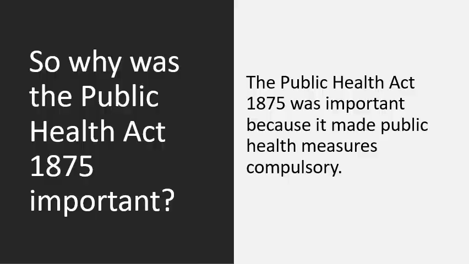Okay. Why was it important? Like I said, the Public Health Act was important because it made these measures compulsory. 1848, voluntary, not everybody did it, a third did it. Now, every local authority had to take these measures seriously and do them, or else. Okay.